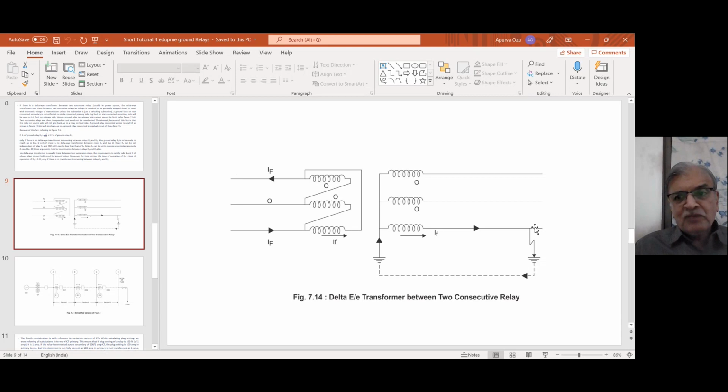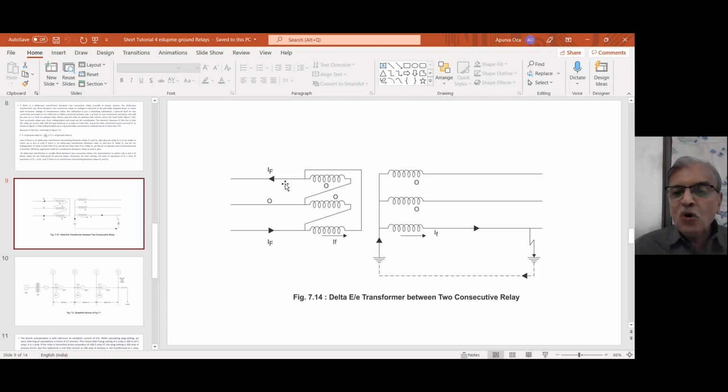So the line to ground fault on the star side of a transformer is seen as a double line fault on the delta side. And usually in power systems, our transformers are delta Y, because we would want to suppress the harmonics. Therefore, transformers are usually delta Y. YY are very rarely used.